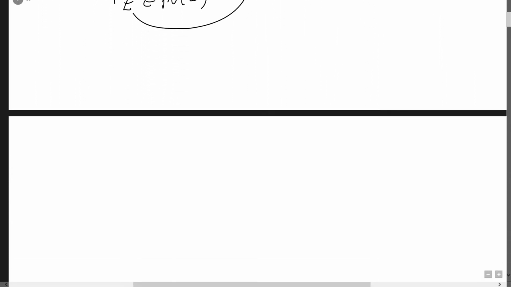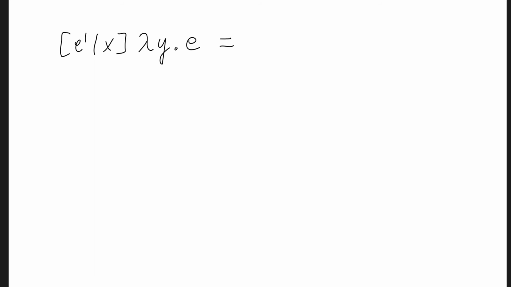So let's consider this case. E prime for x in lambda abstraction y dot e. For now, let's start with some wrong definition where x is not equal to y.